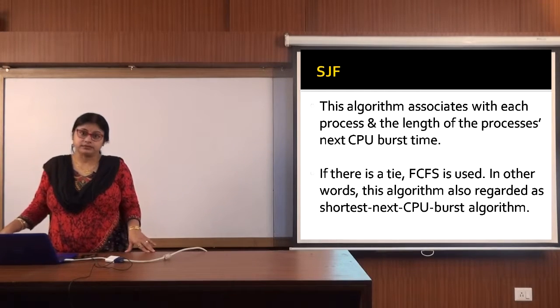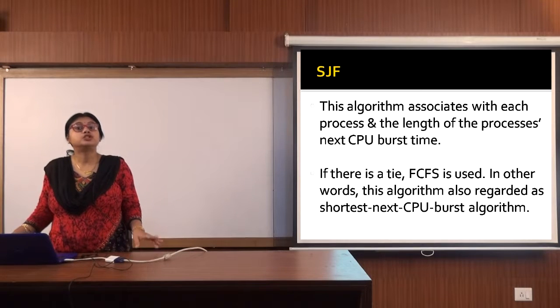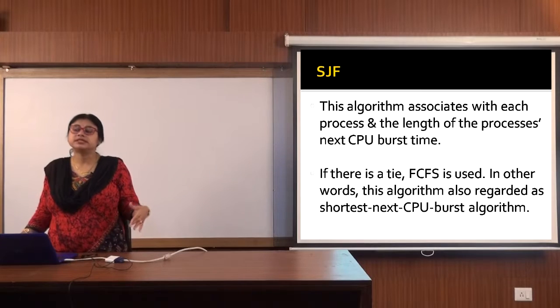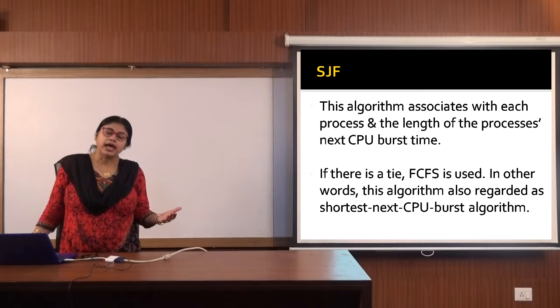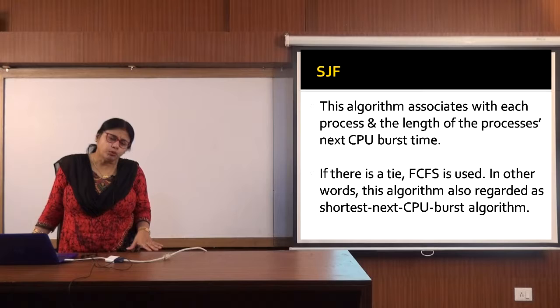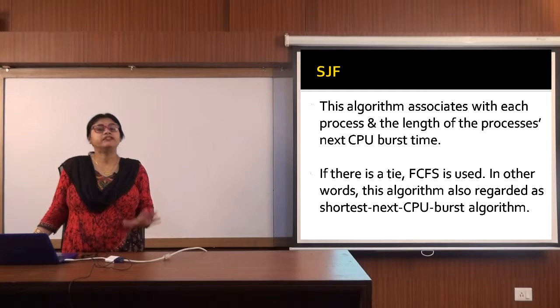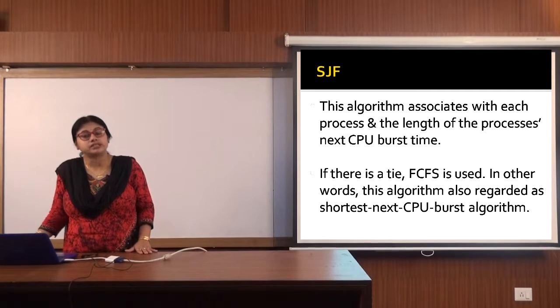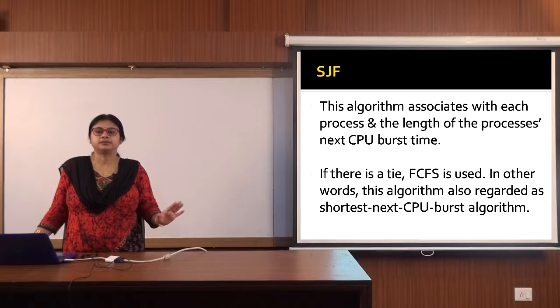If there is a tie, it is possible that two processes have the same burst length. Say one process is P1 and another process is P2. Both processes take 5 milliseconds to complete their task. Maybe P1 comes first, maybe P2 comes first, it doesn't matter.